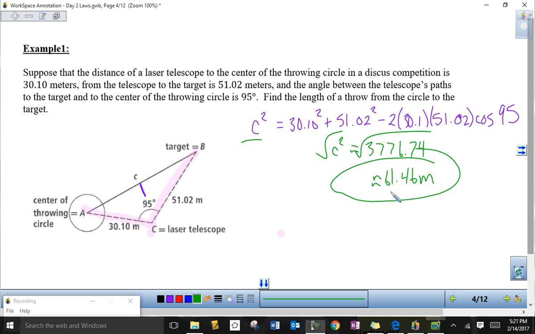So 61 meters is pretty reasonable. We don't usually measure in meters, we measure in feet, but 61 is a reasonable number for the throw of a discus. So always ask yourself that question: does my answer make sense for the problem? That'll help make sure you set it up right, especially when you have to draw these pictures by yourself.